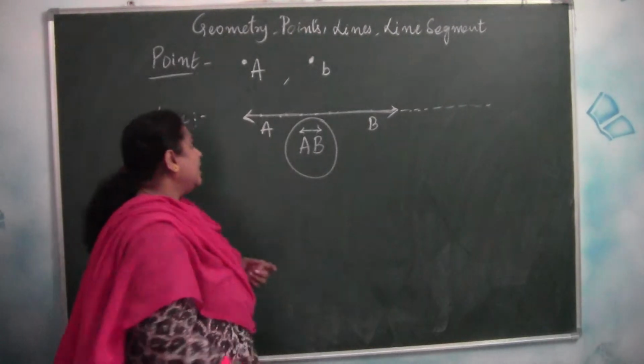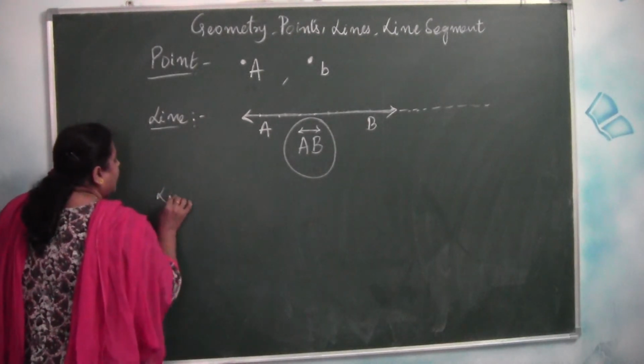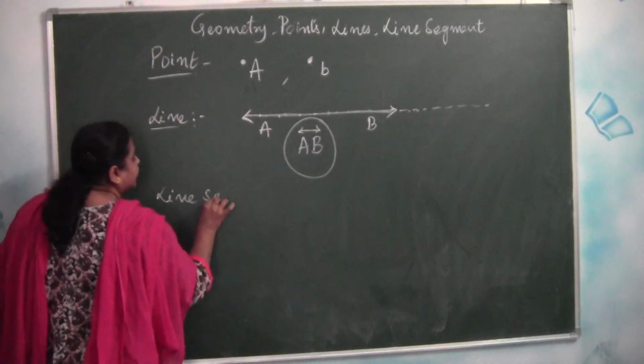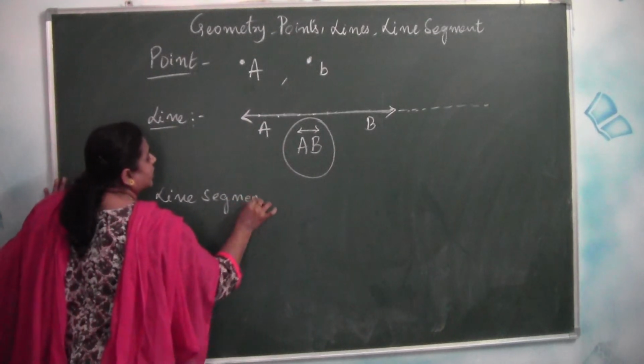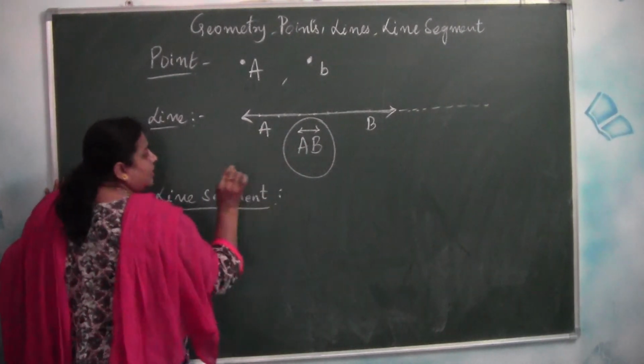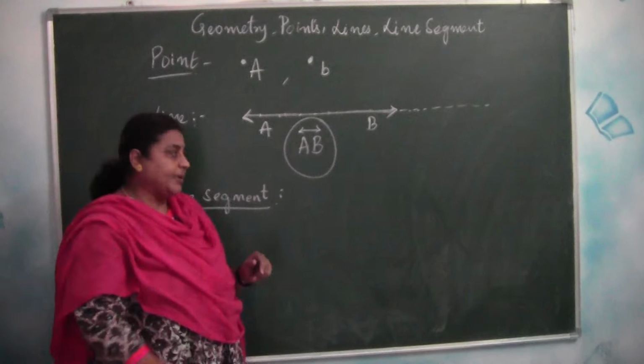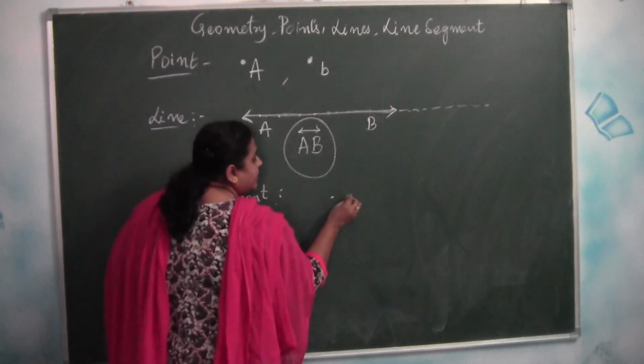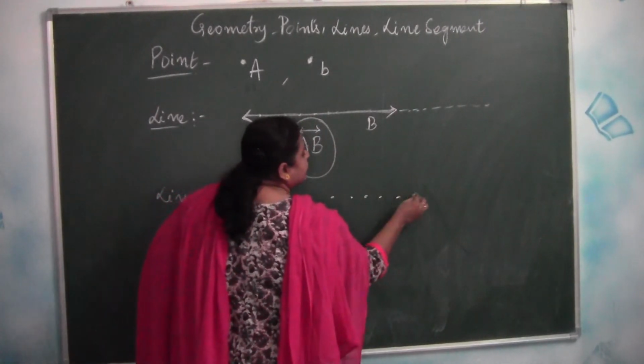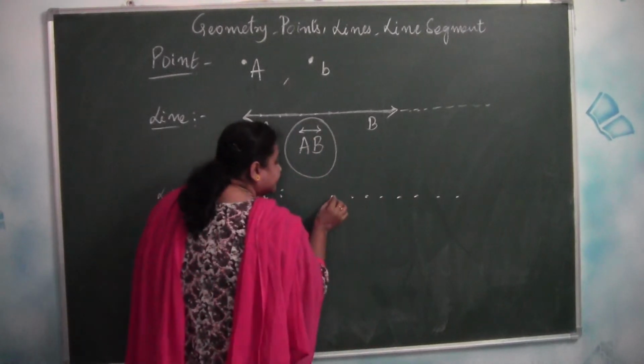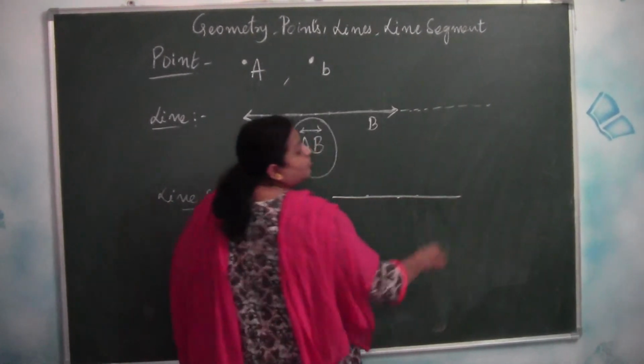Then coming here, the other one, line segment. The next one is line segment. Now, again I am marking a set of points. What did I get?